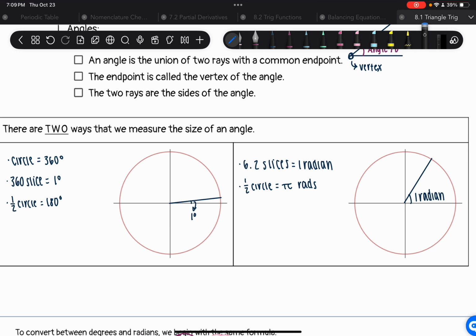And then half of a circle would be half of 360, which is 180 degrees. Now, if we slice our circle into roughly 6.2 slices, that would be 1 radian. And then half a circle is pi radians. So degrees and radians are the main ways that we measure a circle.